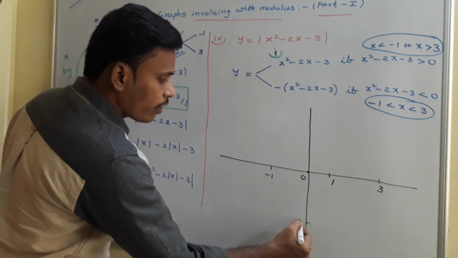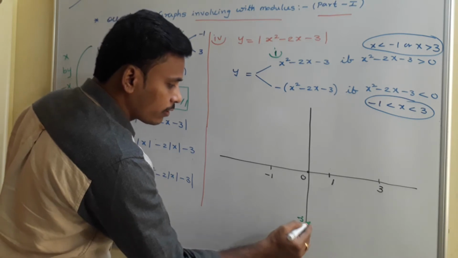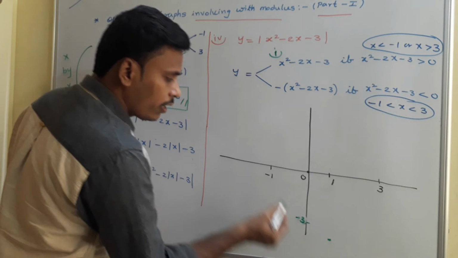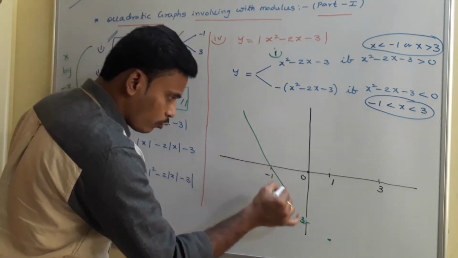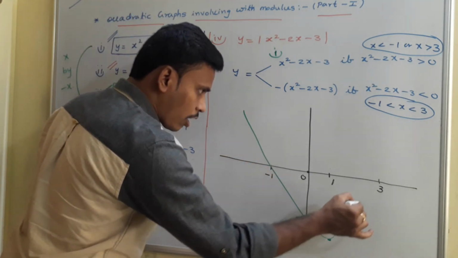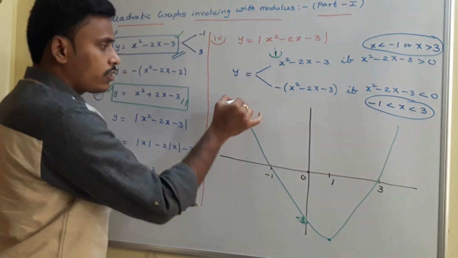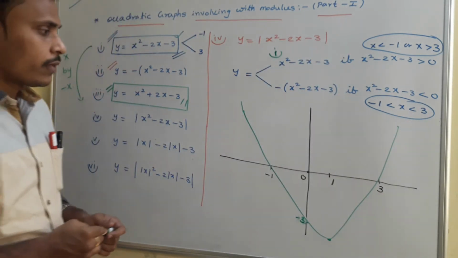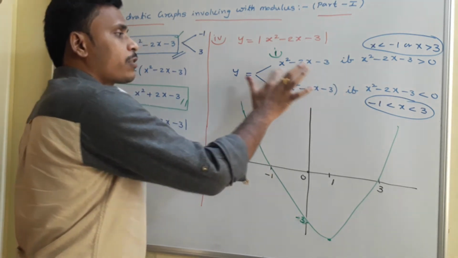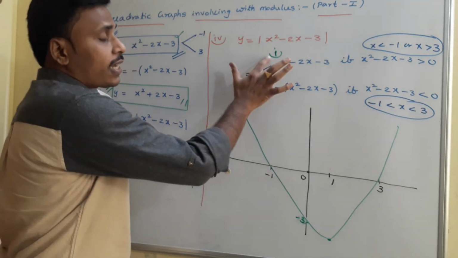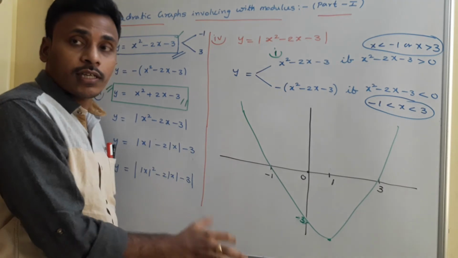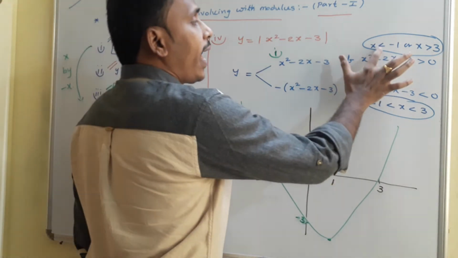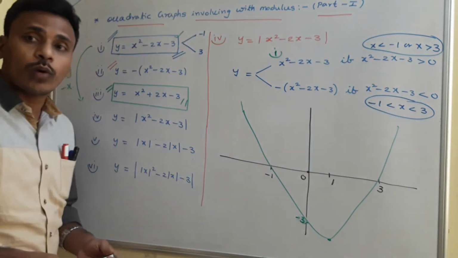So somewhere if we have minus 3 here, and after that we have the peak, and the graph will pass through the points in such a way. Already we discussed it, right? So this is the graph of the first expression. But this x square minus 2x minus 3, the graph of the first expression, we need to consider it only if x is either side of minus 1 and 3.